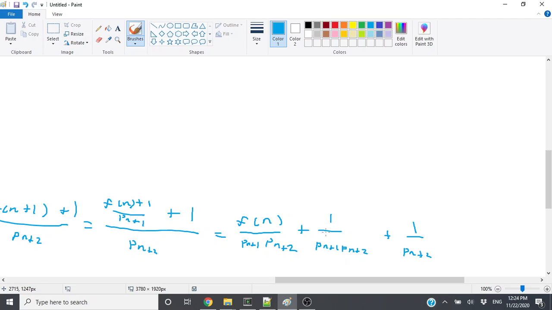Problem is none of this is constant. Is this thing f of n plus 1.